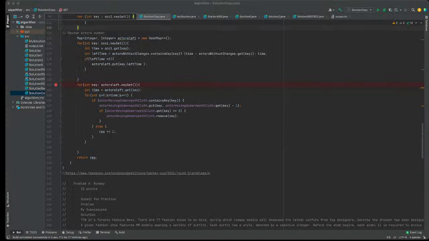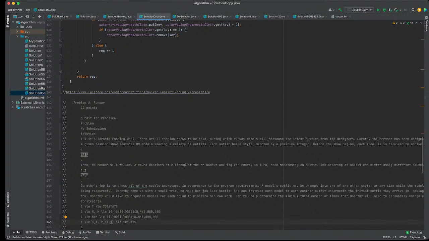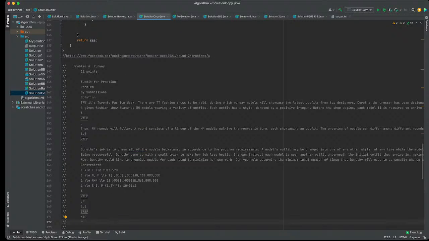So the question is Facebook Hacker Rank 2021, the first question. It is an easy question compared to other questions. So the question is, there are many models, or we can say many persons.